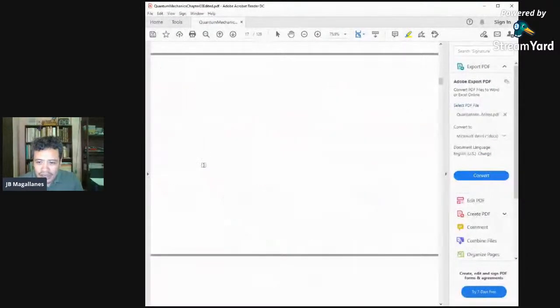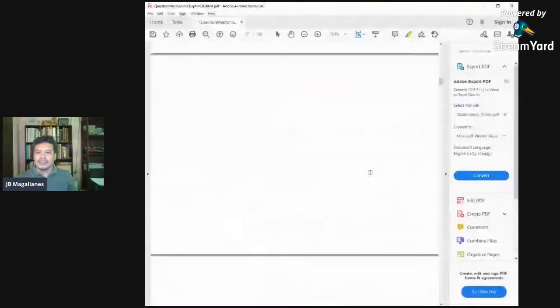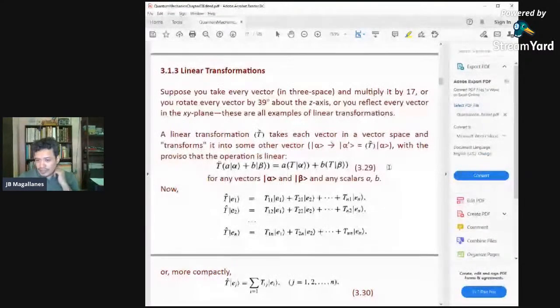It is following the expression in 3.29, that a transformation transforms a vector alpha times a scalar a plus a vector beta times a scalar b, and that is just equal to the scalar a times the transformation on the vector alpha plus the scalar b times the transformation on the vector beta.